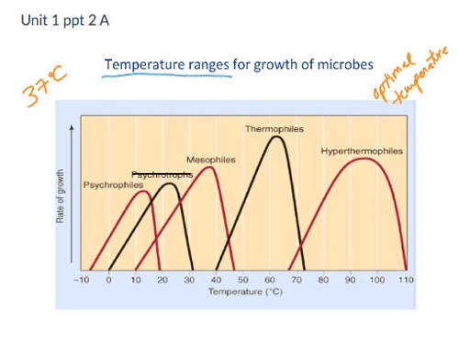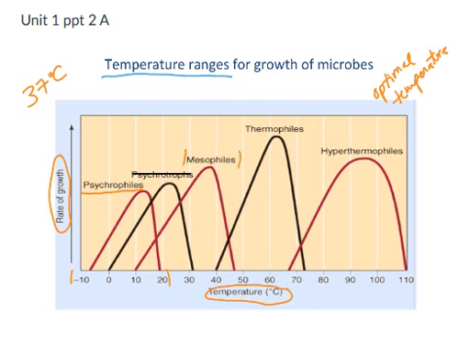So you need to be familiar with 4 of the terms that relate to these temperature ranges for the growth of microbes. If you look at this chart, the x-axis is temperature in Celsius, and the y-axis is the rate of growth. So these different terms are psychrophiles. If you look at the temperature range on the bottom here, minus 10 degrees Celsius is incredibly cold, so think of the Antarctic.